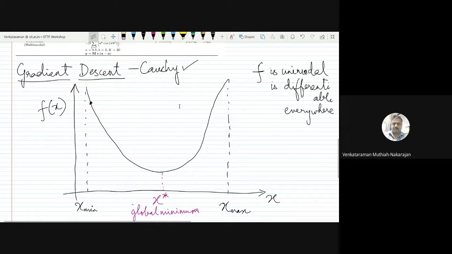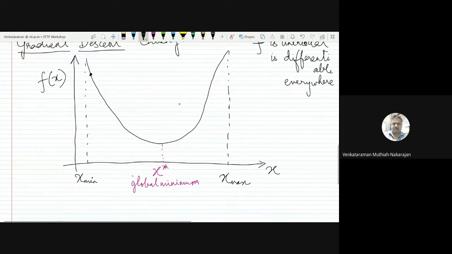Cauchy's algorithm goes by this formula: x of n plus 1 equals x of n minus eta df by dx at x of n. Let us say that our point x of 0 is this. So we need to find out the next point x of 1. So x of 1 would be x of 0 minus eta df by dx.